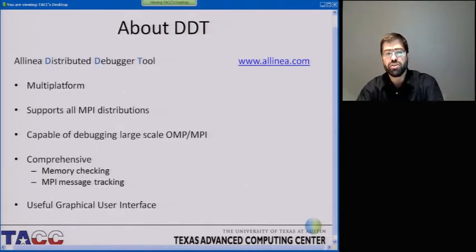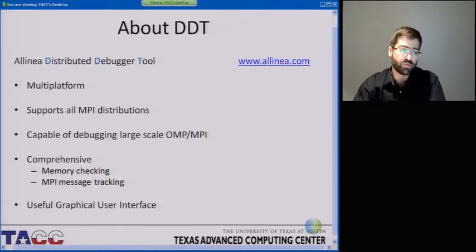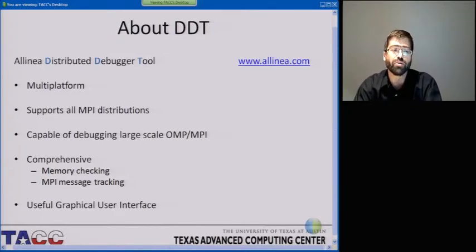So a little bit about DDT. This is the Allinea Distributed Debugging Tool. It's multi-platform. I'm not going to list the platforms there because it pretty much covers everything. It supports all MPI distributions, at least that I know of, and is capable of debugging very large-scale MPI, OpenMP, and hybrid codes, although my own experience is mostly with MPI codes.